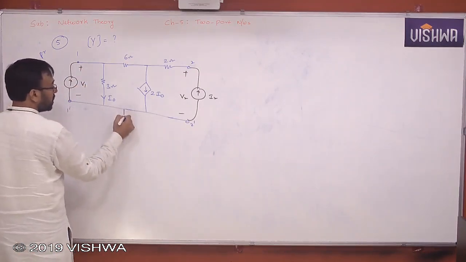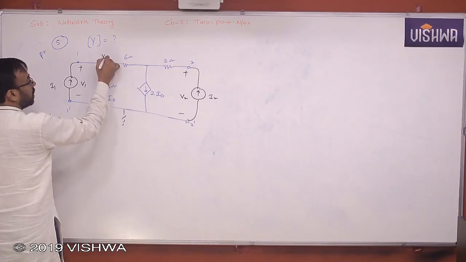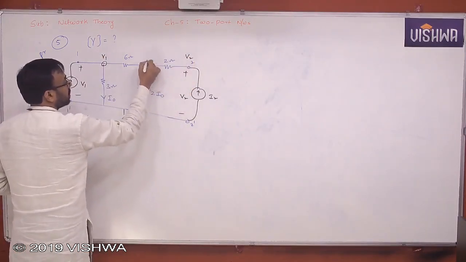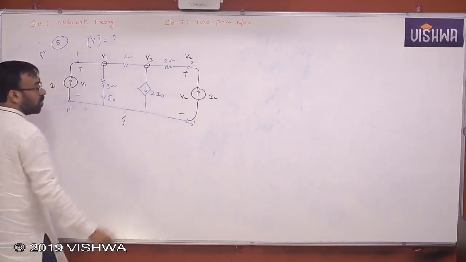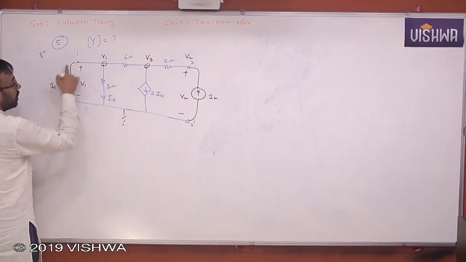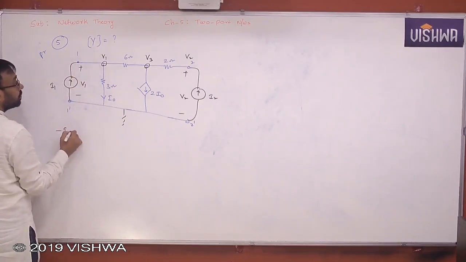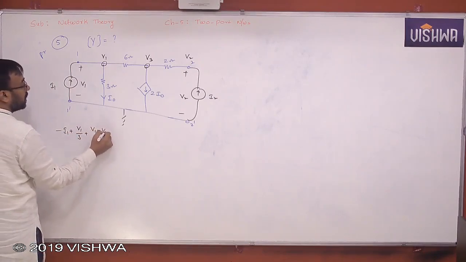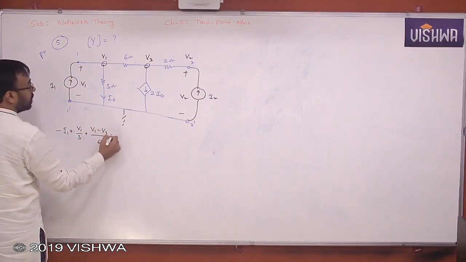So let me take this as 0, this is V1, this is V2, but you must introduce one more variable and write the equations. So first equation please. This is minus I1 plus V1 by 3 plus V1 minus V3 by 6 is equal to 0.